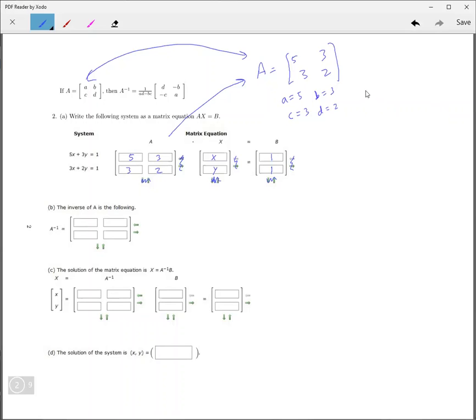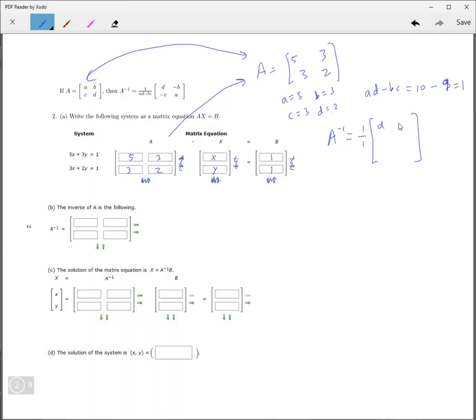Okay, so first thing you want to do is calculate AD minus BC, which will be 5 times 2, 10, minus 3 times 3, 9. That's 1. Okay, so that's really nice. It's just 1. So the inverse is going to be 1 over 1 times, so that's this part here. This is just 1.